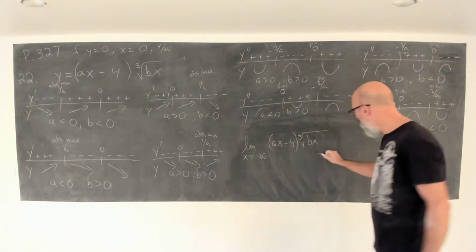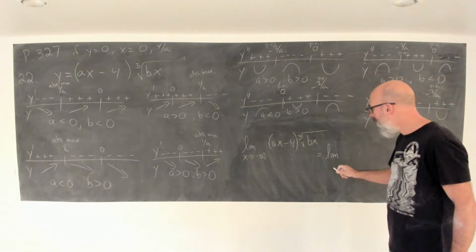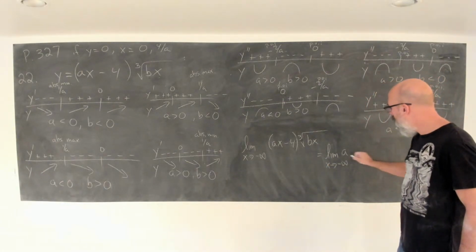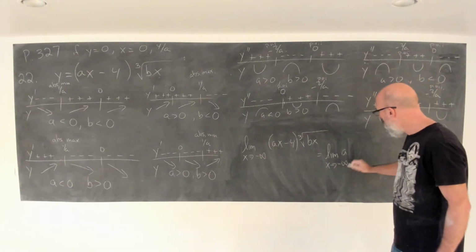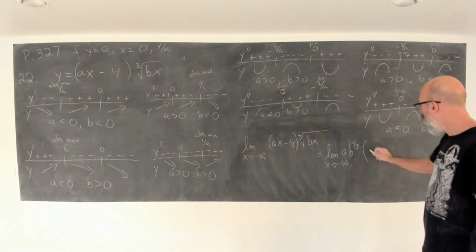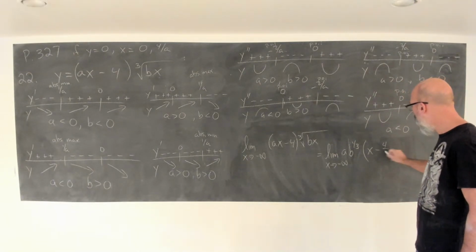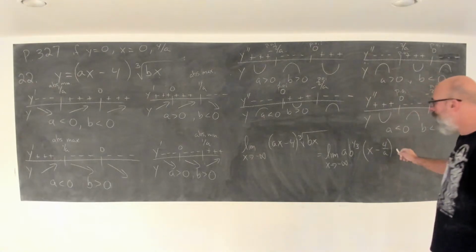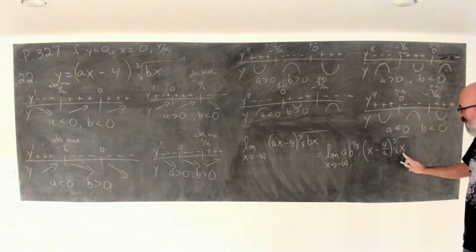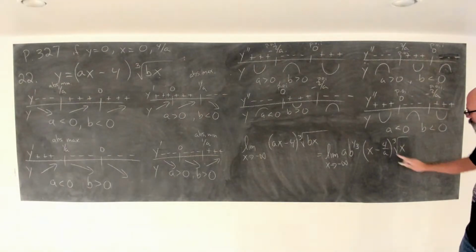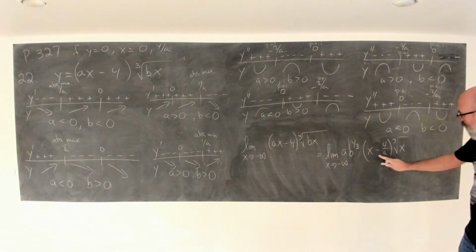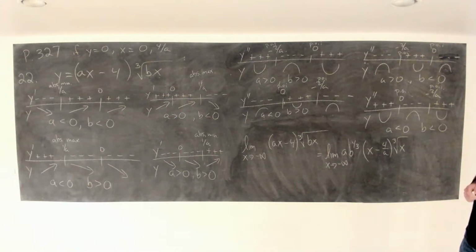Right? Let's be smart here. And let's rewrite this as A cube root of B times x minus 4 over A times the cube root of x. As x goes to negative infinity, this goes to negative infinity. This goes to negative infinity. So negative infinity times negative infinity is positive infinity.